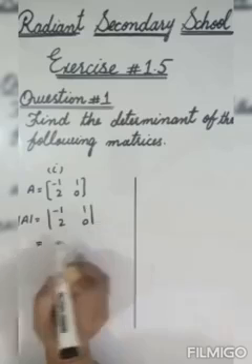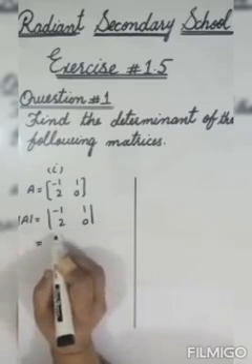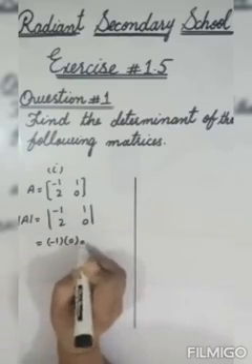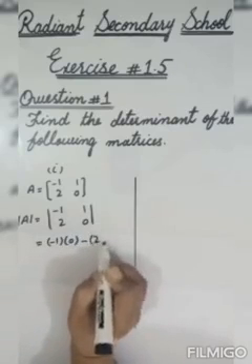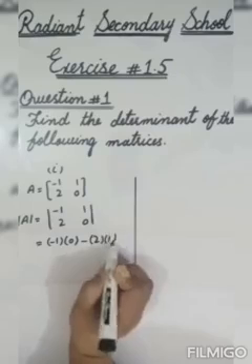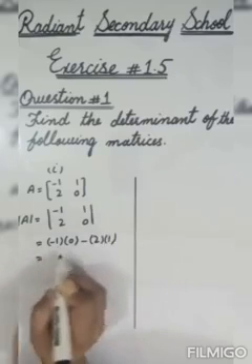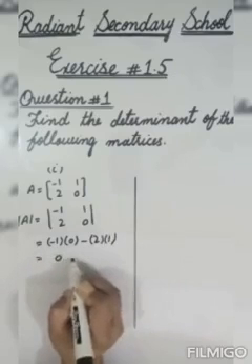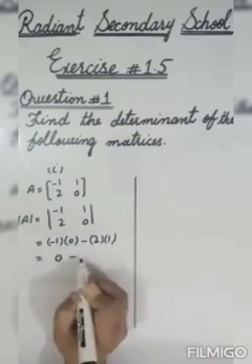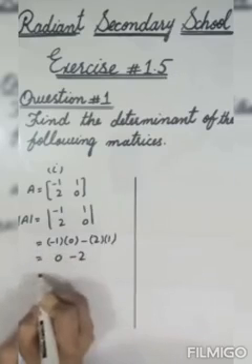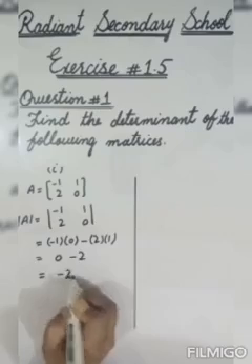Now first of all we multiply the diagonal entries, which are minus 1 into 0, minus 2 into 1. Minus 1 into 0 is equal to 0, and 2 multiplied by 1 is equal to minus 2, and finally the answer is minus 2.